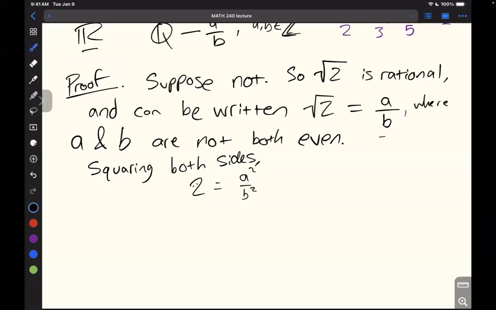So we've got 2 on one side and then a squared over b squared on the other. And then we can multiply both sides by b squared since we've got an equation to work with. And so we can have 2 times b squared is equal to a squared.